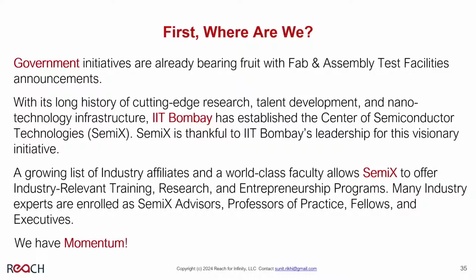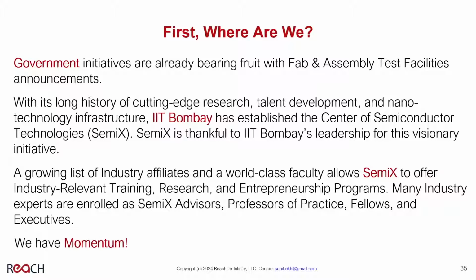As it is, we are already 1 year old and alive and kicking and working hard to meet our challenges. And a growing list of industry affiliates, world-class faculty, they allow SemiX to offer industry-relevant training, research, and entrepreneurship programs.